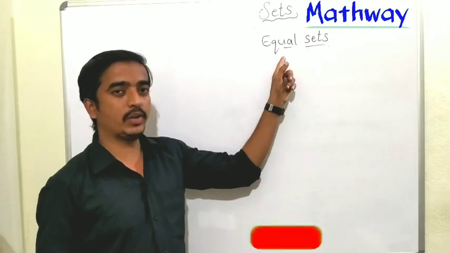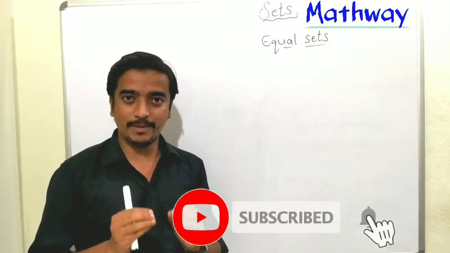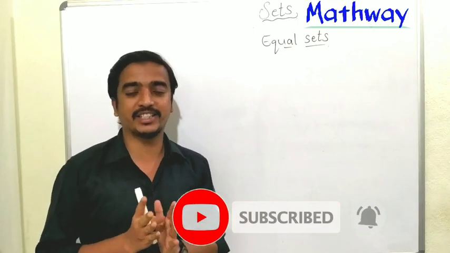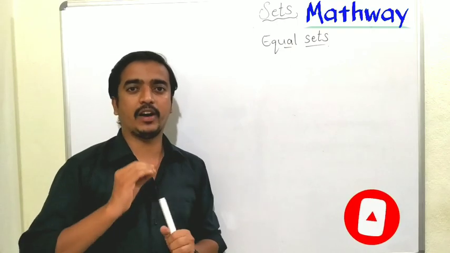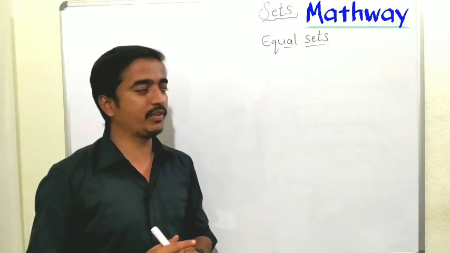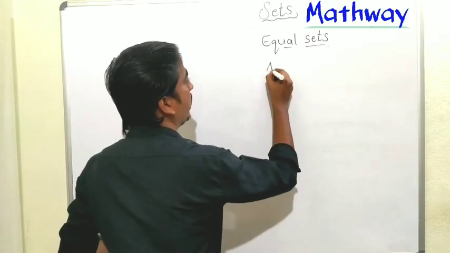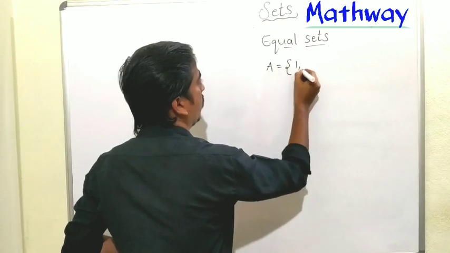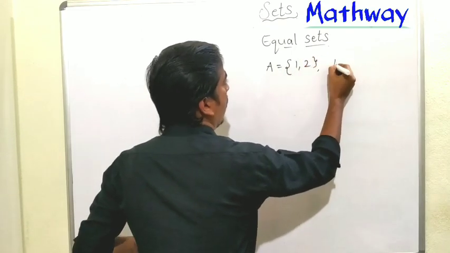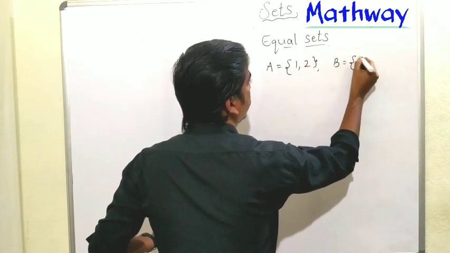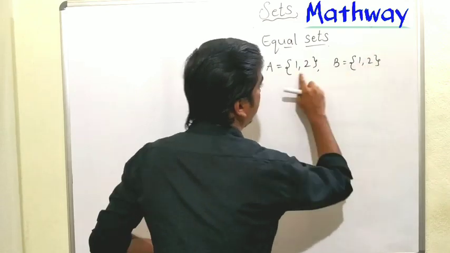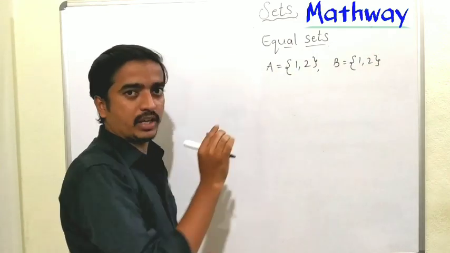Equal sets. Equal sets means the number of elements and the elements are the same in both sets. If all the elements are the same in both sets, we can say that those are equal sets. For example, here we can take A = {1, 2} and B = {1, 2}. So the elements in set A and set B are the same.